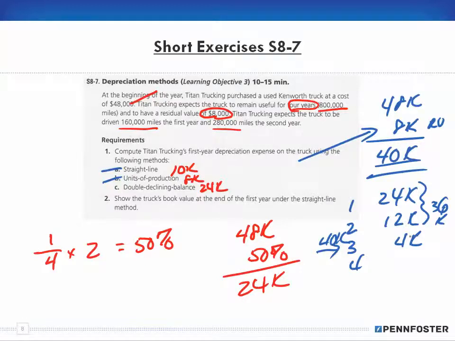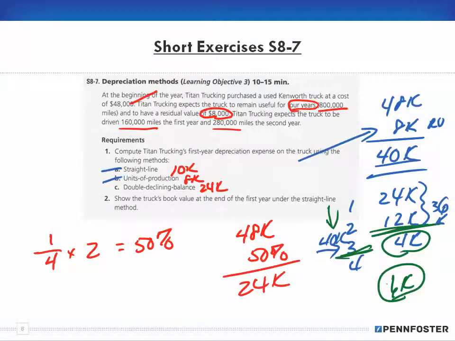Now notice here, I said 4,000. That's because I'm at 36,000 here. Even though my next depreciation might, let's say, be $6,000 for year 3, I'm not going to depreciate the full 6,000 because I'm going to go past the 40,000. I'm only going to take the portion of it during that particular year. So just be aware of that.